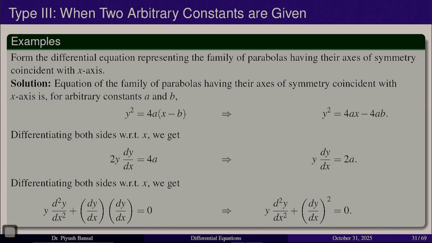Multiplying the 4a inside, 4ab separates out the constant b. Now we differentiate on both sides to obtain 2y dy by dx equal to 4a, which in turn gives y dy by dx equal to 2a. Now a is separated, so we directly differentiate on both sides. So we obtain the resulting differential equation of the second order.